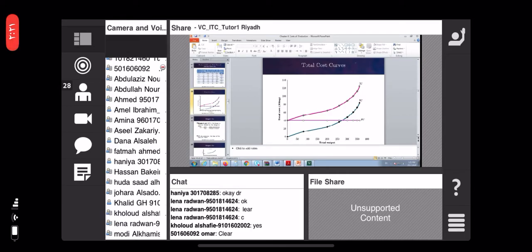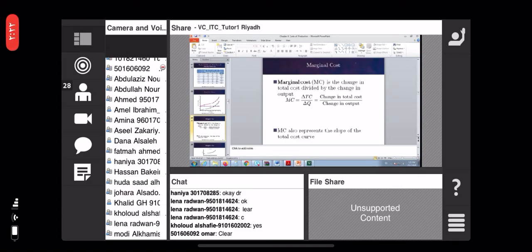If you are asked to draw these curves, I think you are able to do it. Fixed, variable, total. Variable and total go together, but total cost is higher than the variable cost because it has the effect of the fixed cost inside. Okay? Marginal cost.